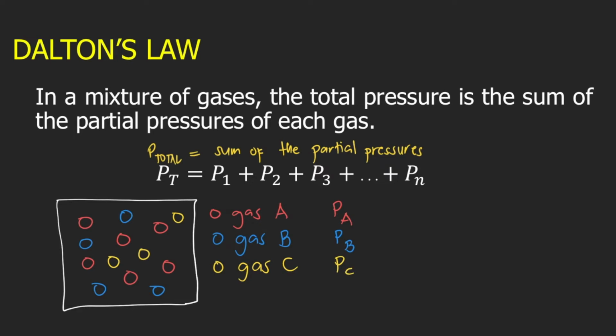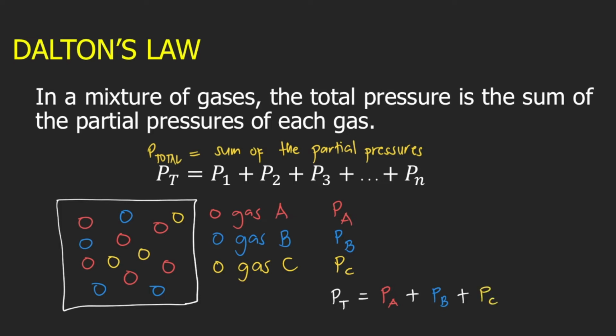Dalton's law says that the total pressure, or P_T, is equal to the sum of the partial pressures. So P_T is equal to P_A plus P_B plus P_C.